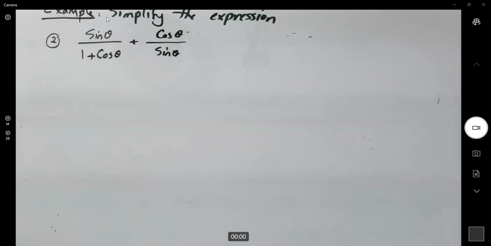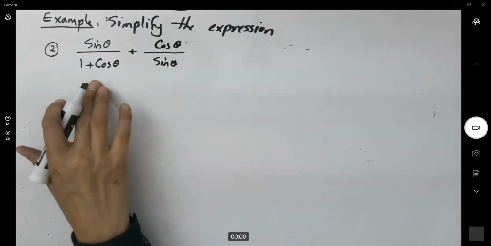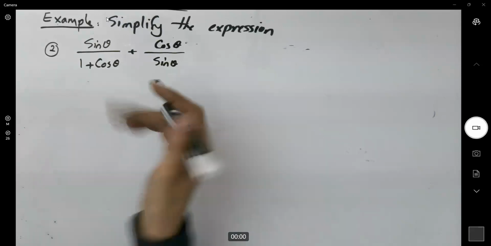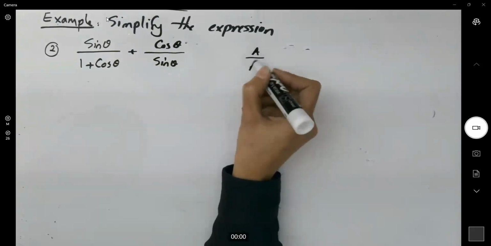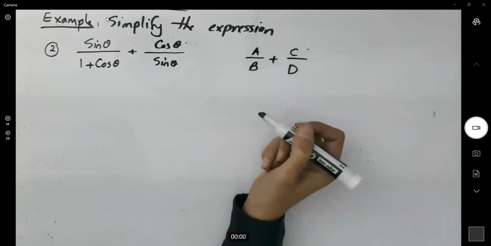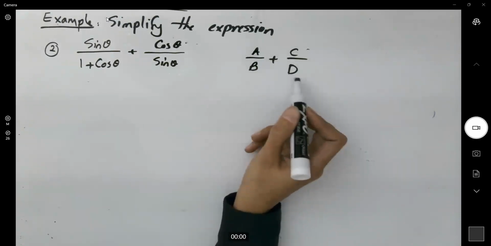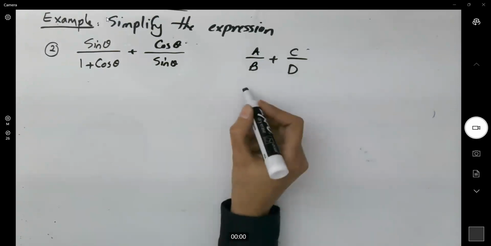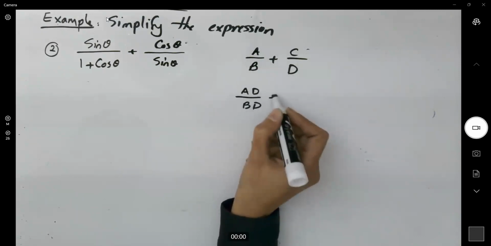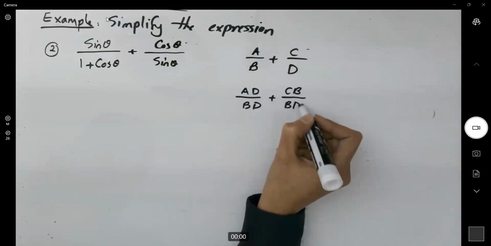Well, what do I have here? This is new. I have different denominators and a crazy looking denominator. Don't let it scare you. This is just simply a over b plus c over d. In this case, if b and d have no common factor, it's going to be ad divided by bd plus cb over bd.